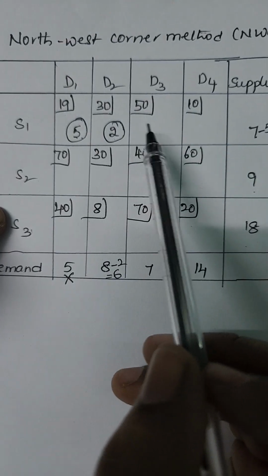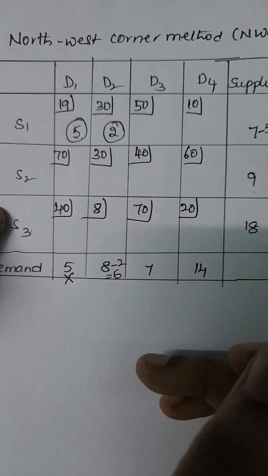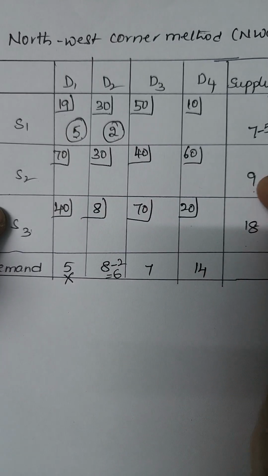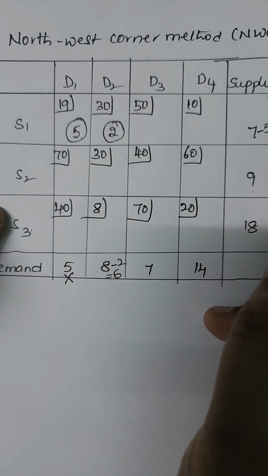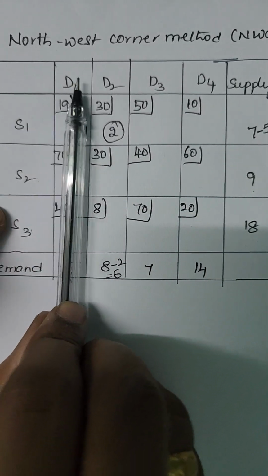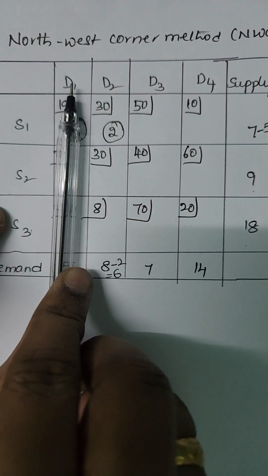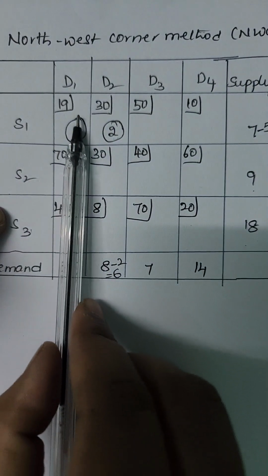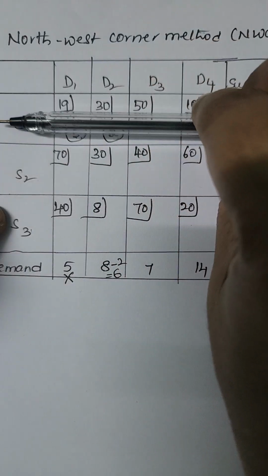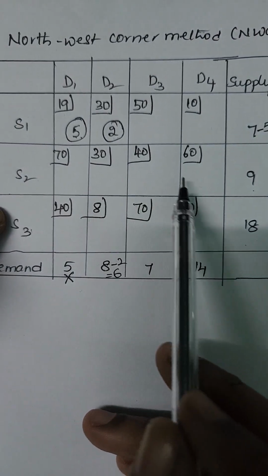Now look at this first row. Here 2 is assigned, so this is also satisfied. Strike off this row also. So the first row and the first column are struck off. We are not going to use this first column and this first row. Now the remaining cells are here.